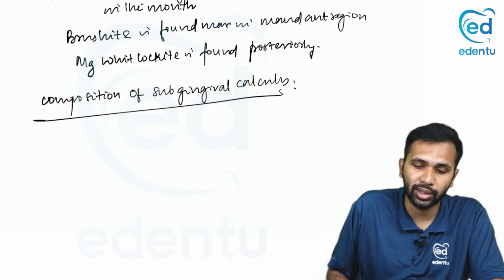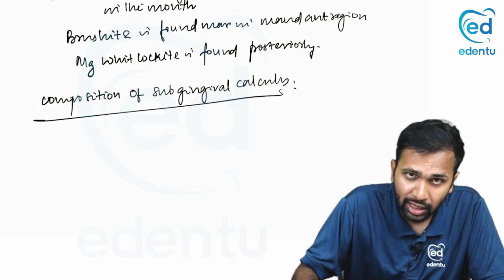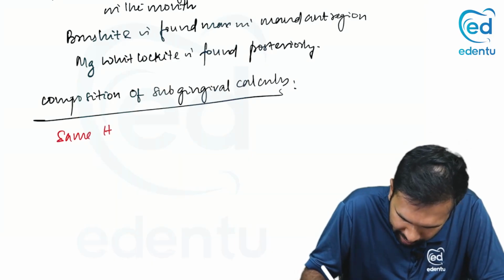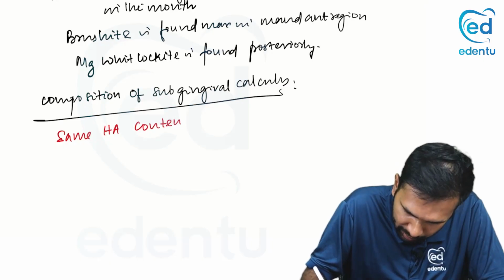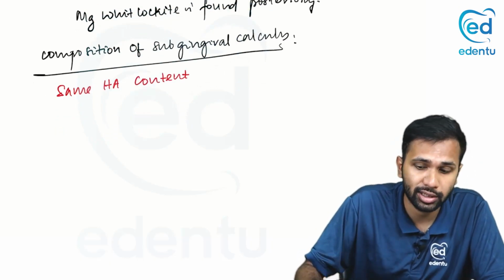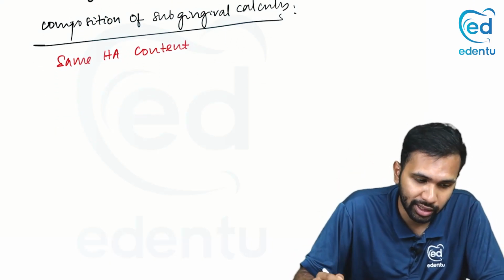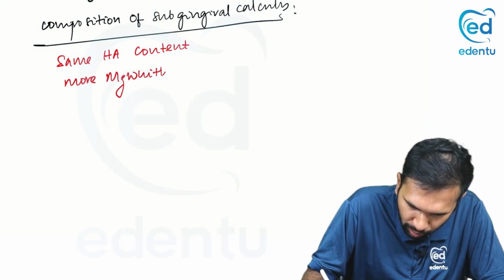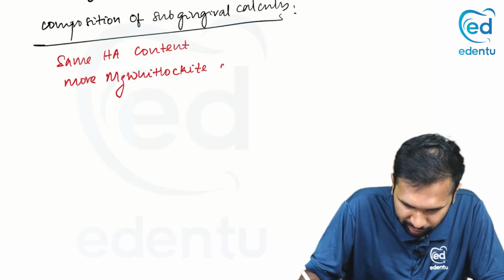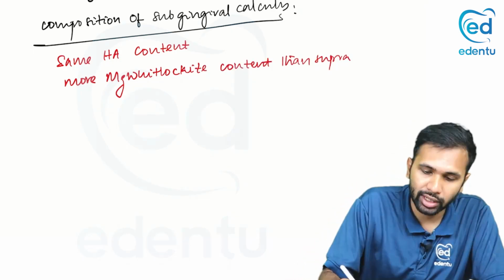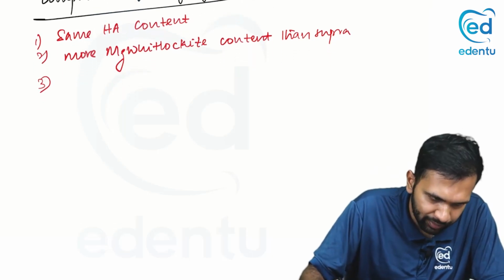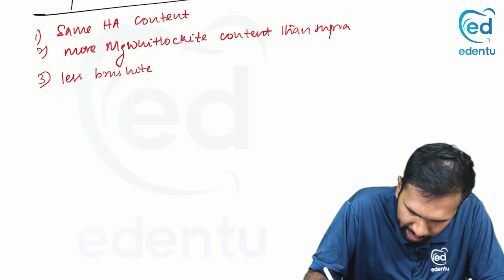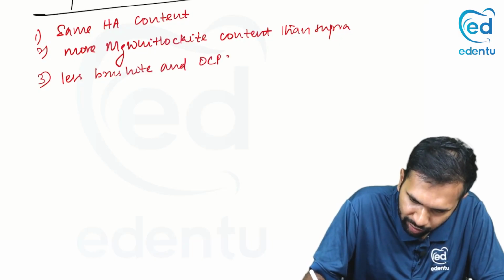Right. Now, if you compare the composition of subgingival calculus with supragingival calculus, it has the following differences. It has the same hydroxyapatite content. Please write it down, okay? Everything has been asked. It has more magnesium whitlockite content than supragingival, and it has less amount of brushite and octacalcium phosphate.